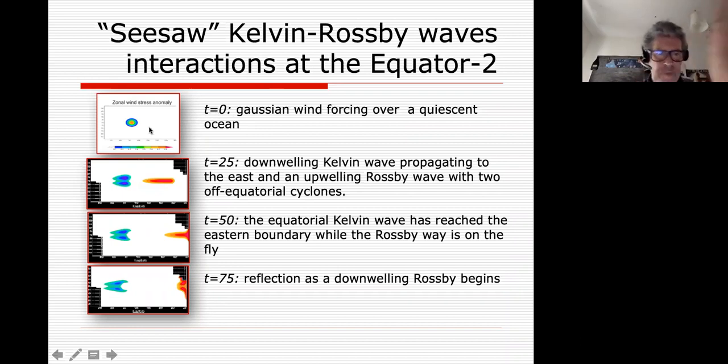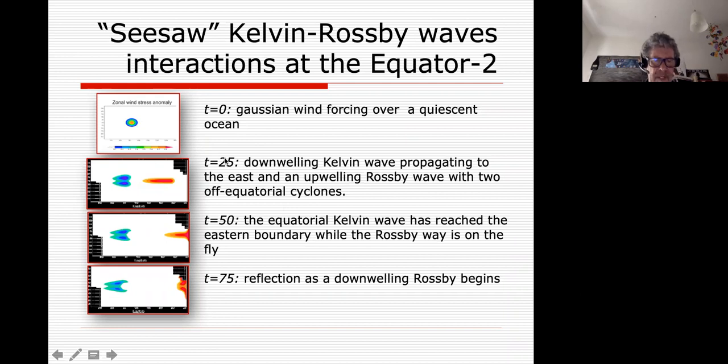As I told you, we have a zonal wind stress anomaly that is transferred into a perturbation of the thermocline. We have a nominal time scale, and these are days.